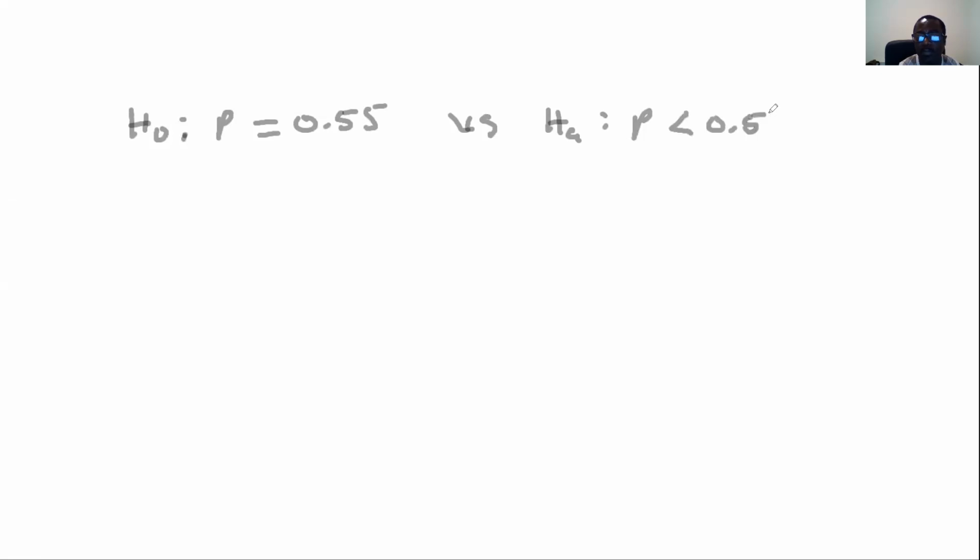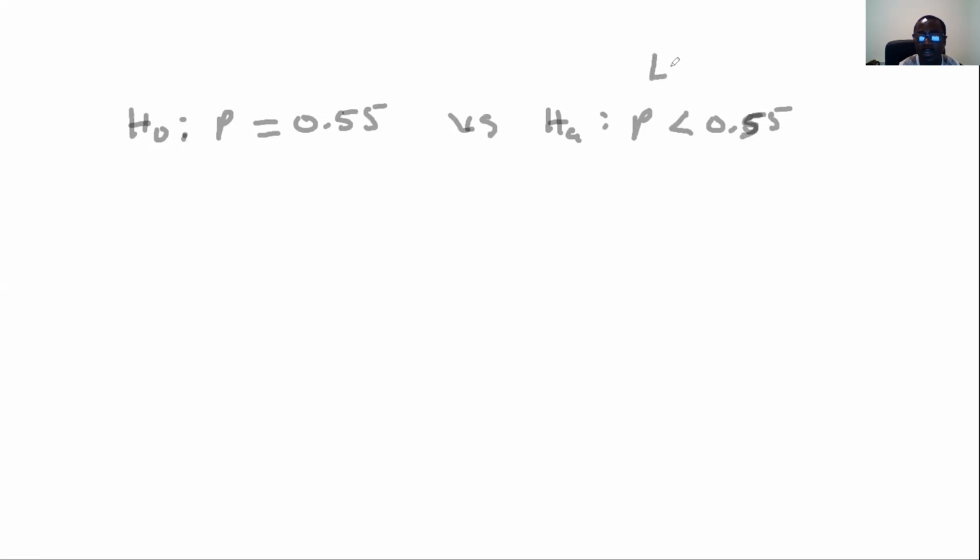In this case, H0 is that p is 0.55 versus the alternative, where p is less than 0.55.